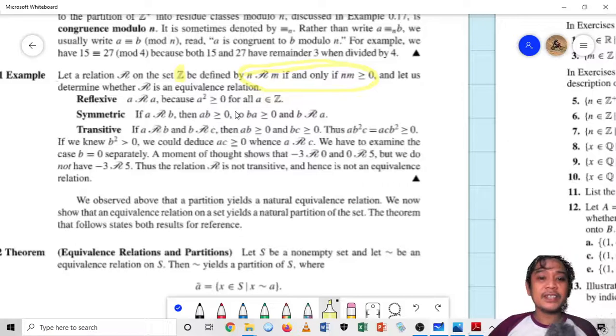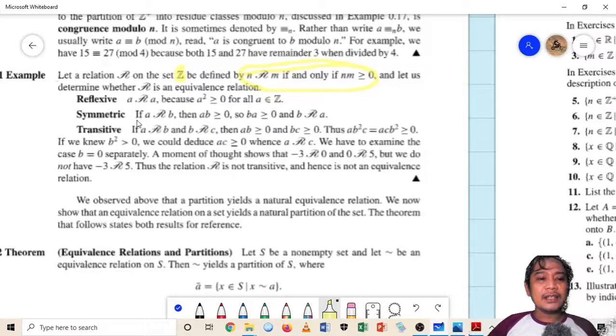How much more for integers? So if you take any integer and square it, the product would always be non-negative. So, since a squared or a times a is greater than or equal to 0, we say that a is related to a. And that is true for all elements in Z. Therefore, the relation R in this case is reflexive, since any element is related to itself.